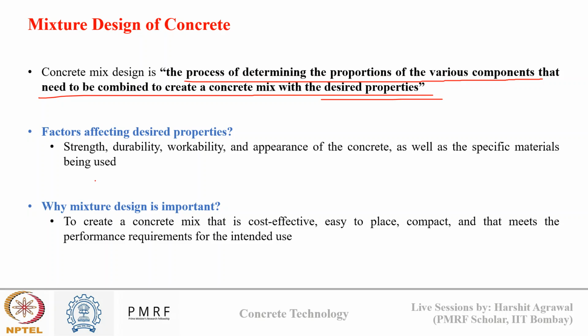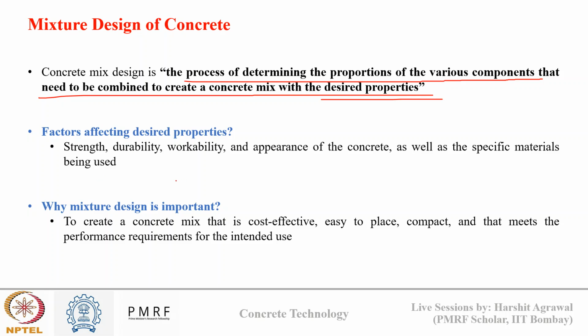Likewise, for a 50 slump and for a 150 slump, my mixture design will be different. Other examples can be a concrete which just uses OPC and a concrete which uses OPC plus fly ash or silica fume. Again, my mixture design will be different. So several desired properties can govern the mixture design of a concrete.